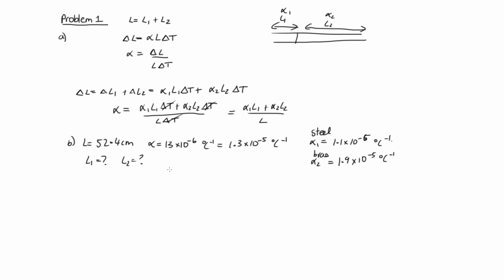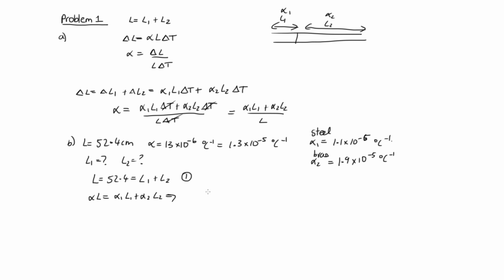Okay, so we'll need to write down some equations to say what we know. So we know that the length is equal to 52.4 centimeters, and that's equal to L1 plus L2. So let's call this one equation 1. We also know from this equation that we've got alpha L is equal to alpha 1 L1 plus alpha 2 L2, and we know what these alphas are and this L is.